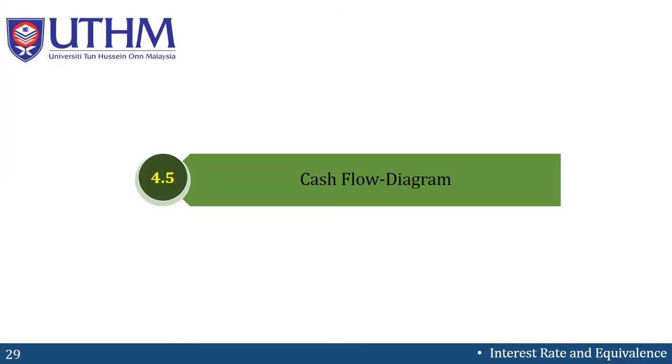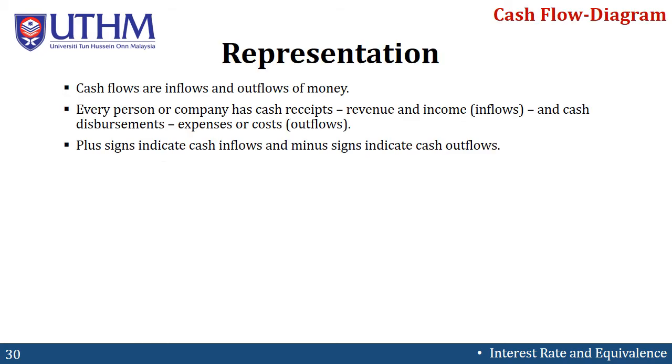We are changing to cash flow diagram. So for cash flow, the representation is cash inflows and outflows of money. Every person or company has cash receipts. Revenue and income are examples of cash inflows, and cash disbursement, which is expenses or costs, is cash outflow.